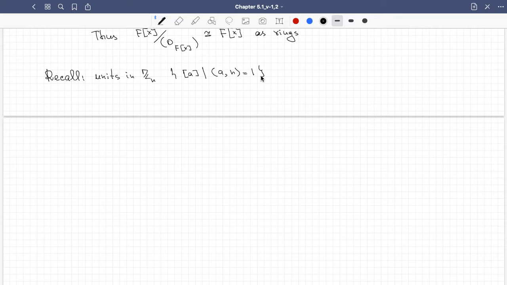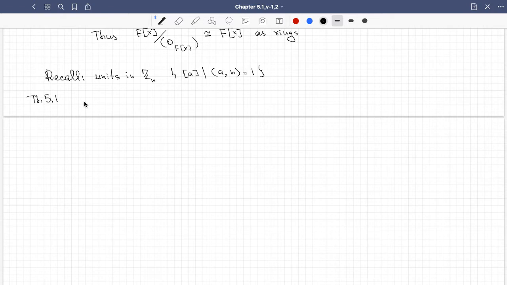We can do roughly the same proof, a similar description for our new things, for the f of x modulo polynomial.